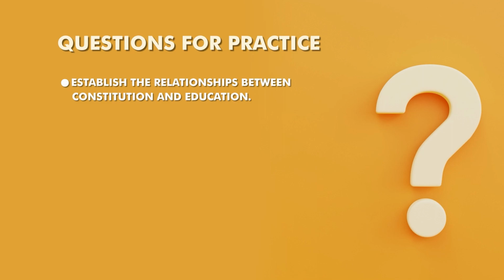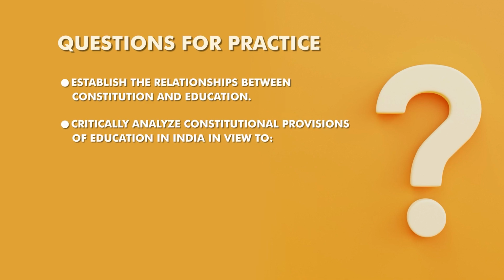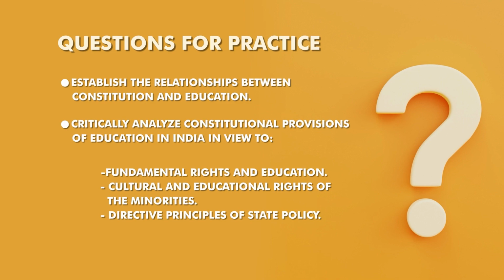And further, critically analyze constitutional provisions of education in India with regard to three different aspects: constitutional provisions of education related to fundamental rights and education, where Article 21A is included; then constitutional provisions of education so far as cultural and educational rights of the minorities are concerned.